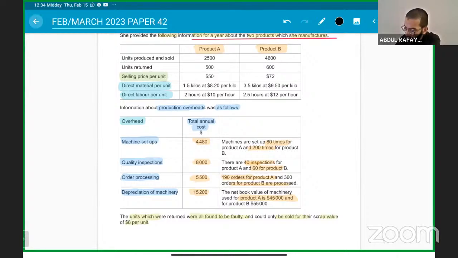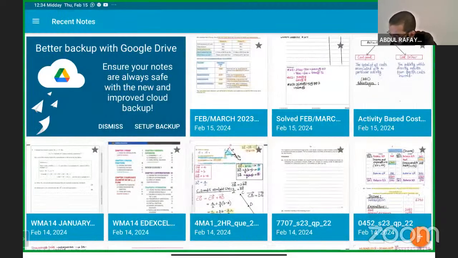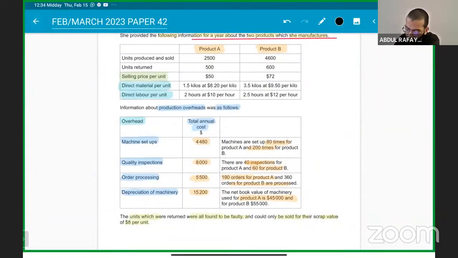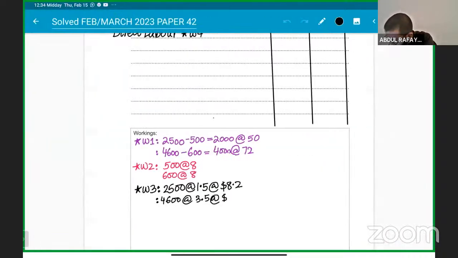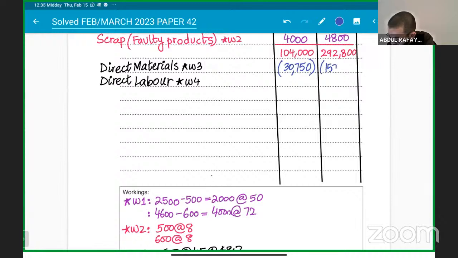So you'll have to say 4,600 into 3.5 at the rate of 9.5. Getting it clear, students? So 3.5 into 9.5 into 4,600, the answer is coming 152,950. Any questions, any doubt in this? Let me know. Getting it how we are finding direct materials?